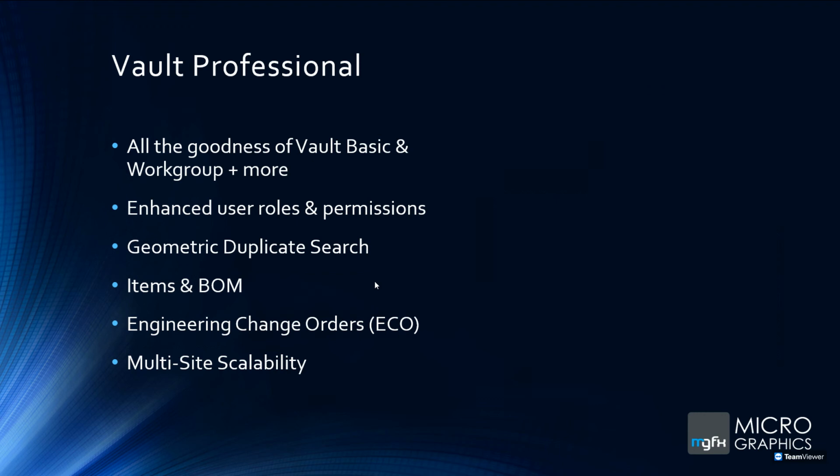Vault. One of the biggest things that was recently included in Vault was the geometric duplicate search. This basically allows Vault to search for geometric duplicates, and if you're, let's say, in a design, you're able to find a duplicate according to what's in your design inside of Vault and replace that.